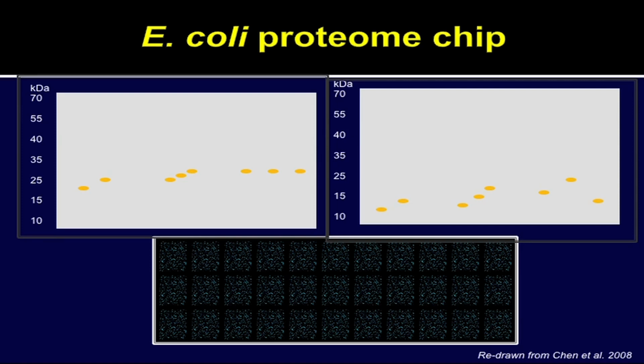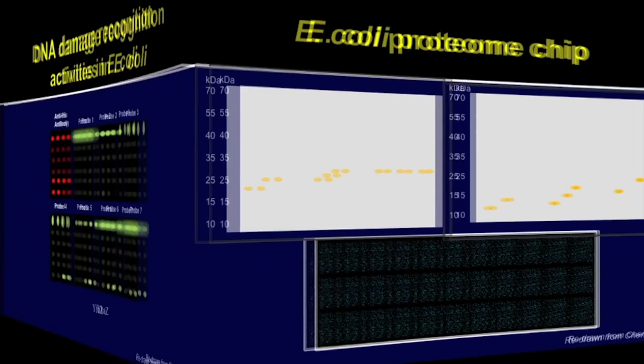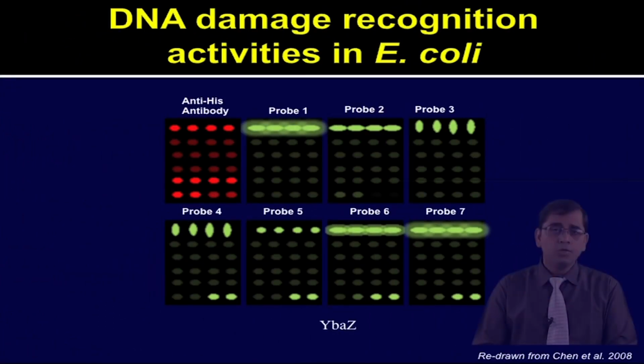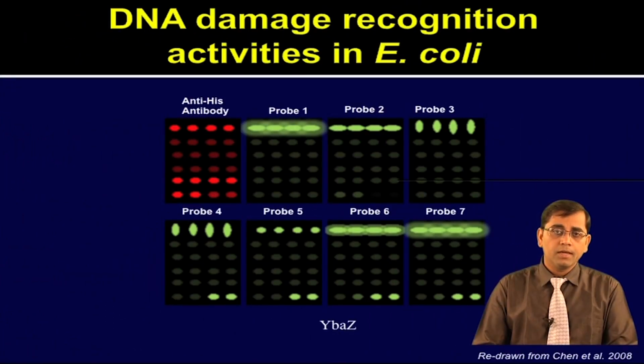Further, authors used the anti-His monoclonal antibody followed by Cy5 labeled secondary antibody to show that quality of the chip is good to perform further assays. In this study, by using a group of DNA probes as shown in the slide here, each containing a mismatched base pair, authors found a small number of proteins that could recognize each type of probe with high affinity and specificity.